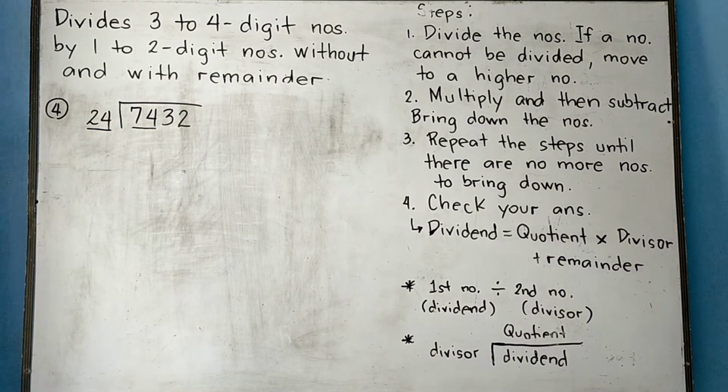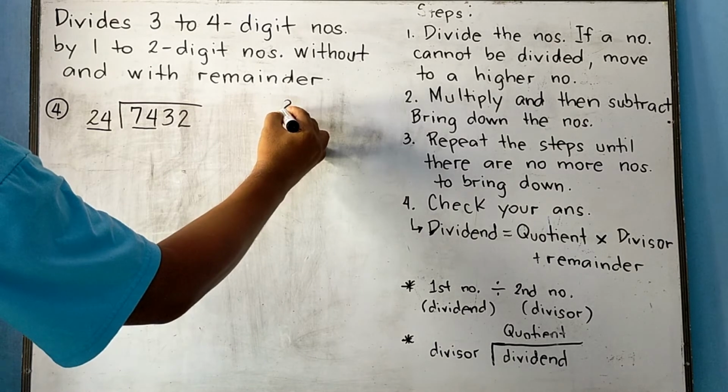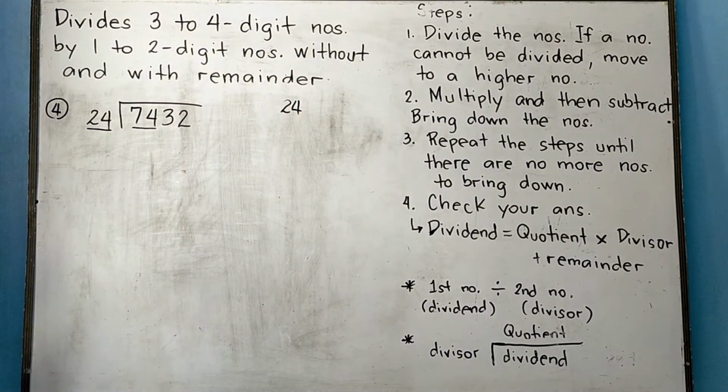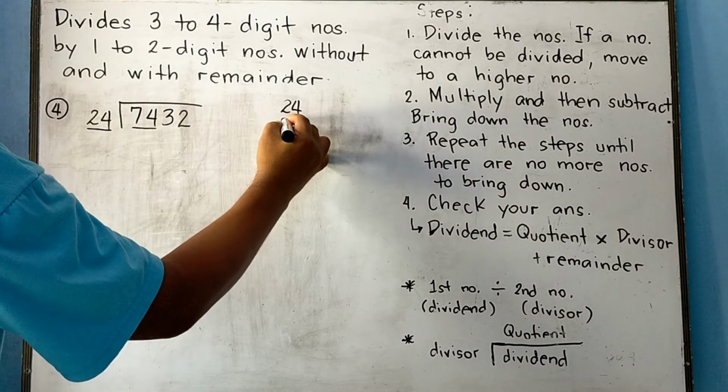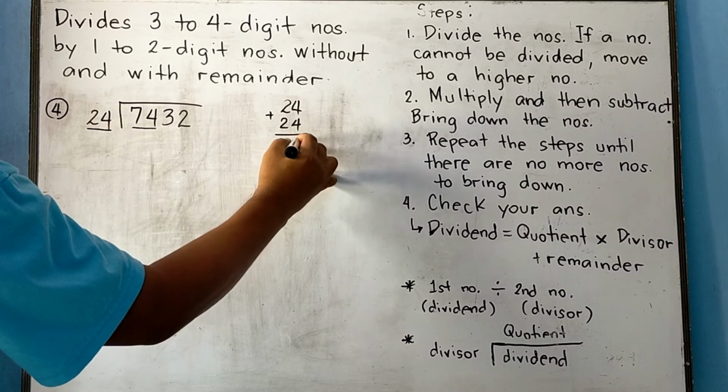Or, how many 24s or group of 24s are there in 74? So, like what we did, you can apply continuous addition of the given divisor, which is 24. So, 24 plus 24, the answer is 48.